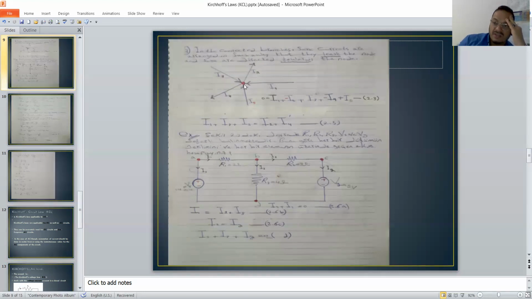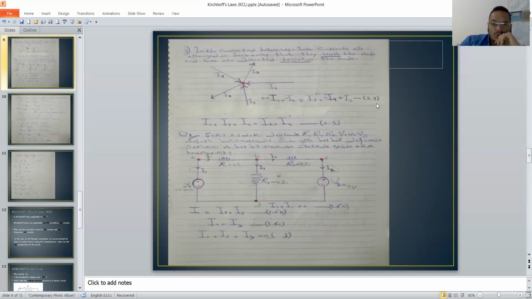That means I1, I3, and I5 are input currents, and I2 and I4 will act as output currents. That means I1 plus I3 plus I5 minus I2 minus I4.